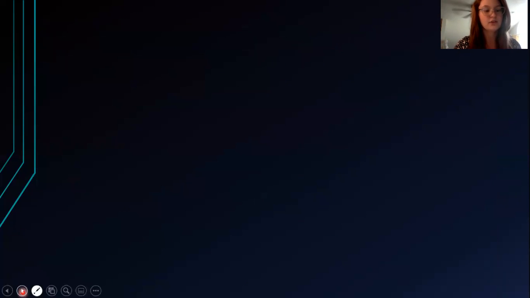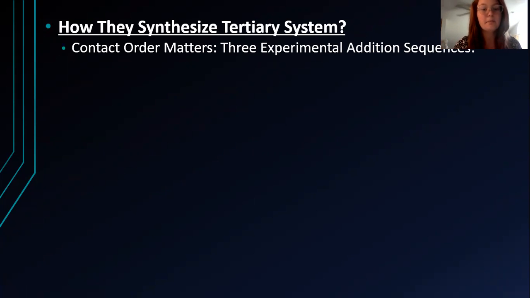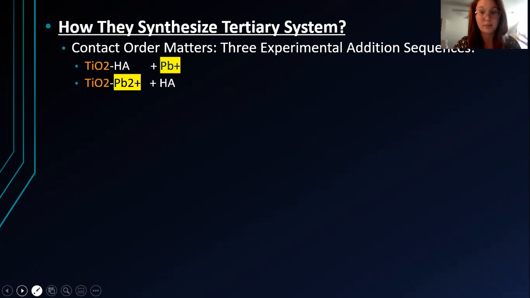In synthesizing this tertiary system, they look at contact order. Contact order matters. So they synthesize three addition sequences in which they mix and stir the binary system, and they inject the third species immediately.